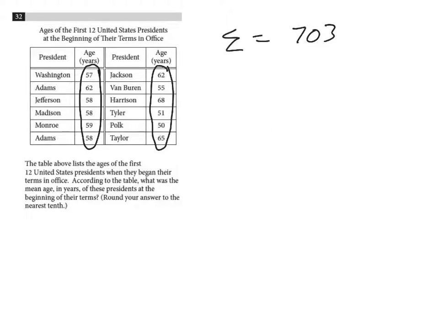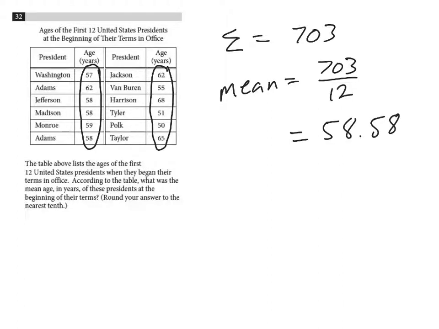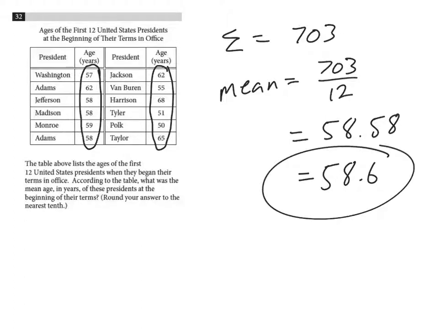So now if we want the mean, well, that's going to be 703 divided by 12. So that's going to be approximately 58.58. And it wants us to round to the nearest 10th, so we're going to say 58.6. Okay.